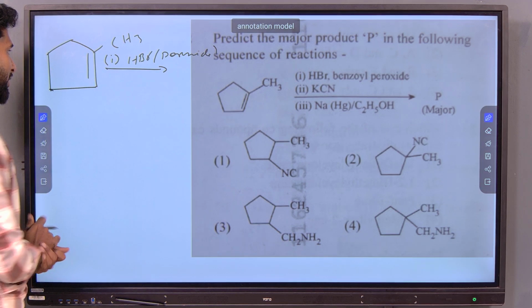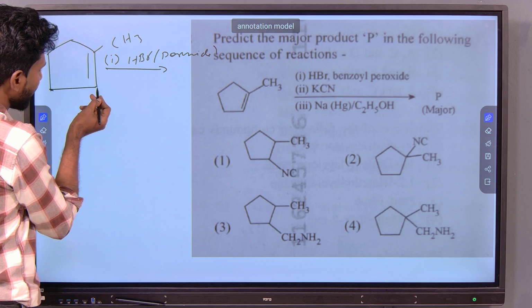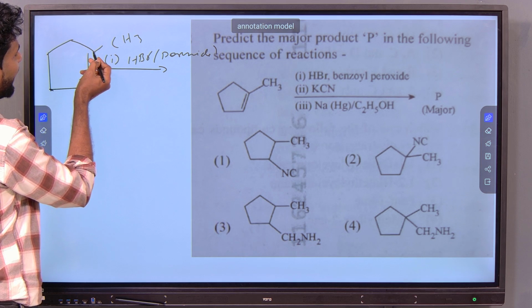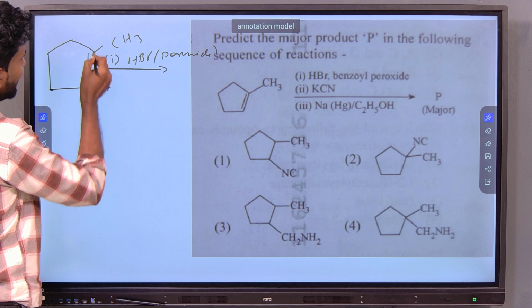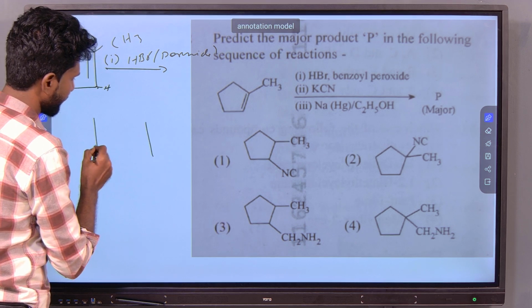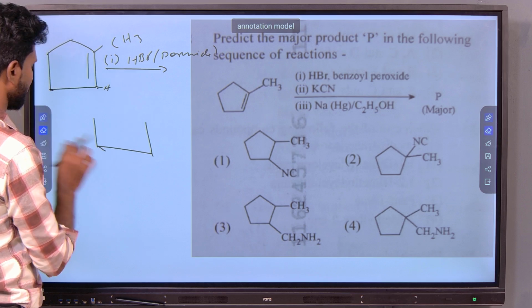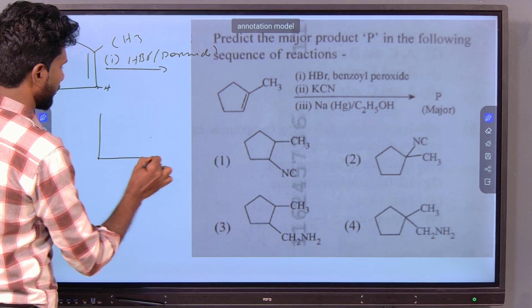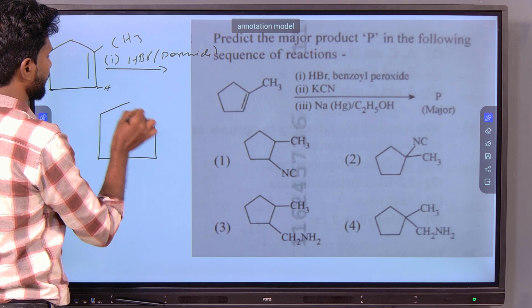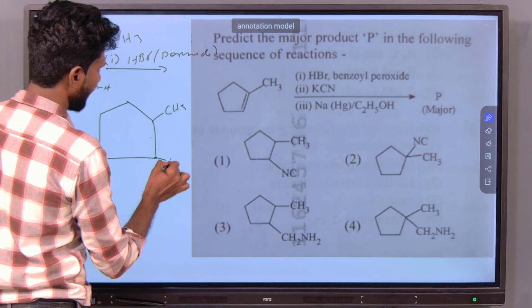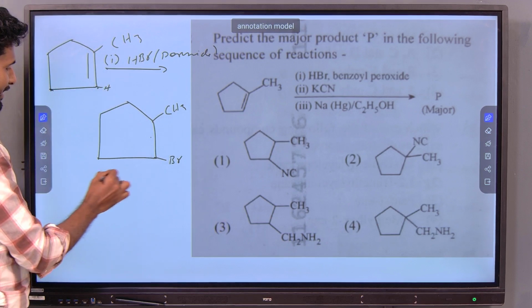So bromine is added to this carbon because here there are two hydrogens, here one hydrogen, and here no hydrogen. So the first product has CH3 here and Br here.